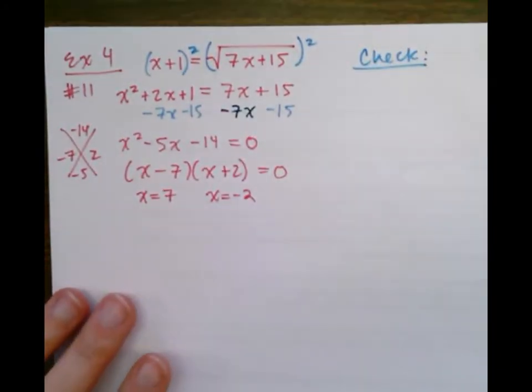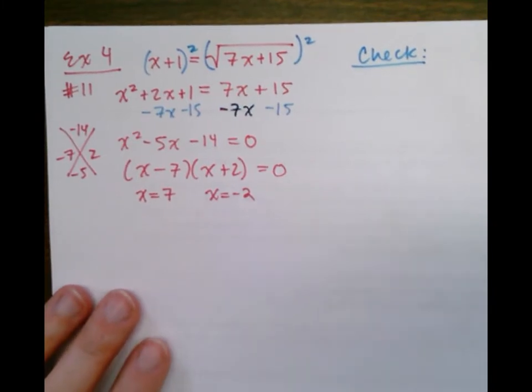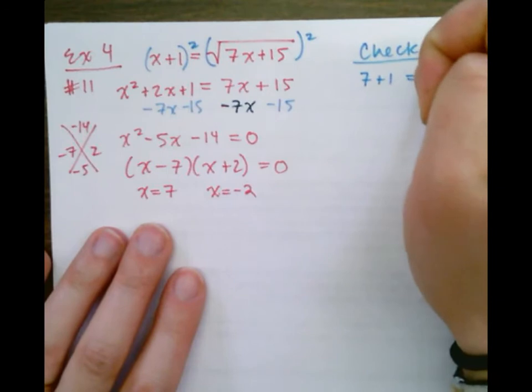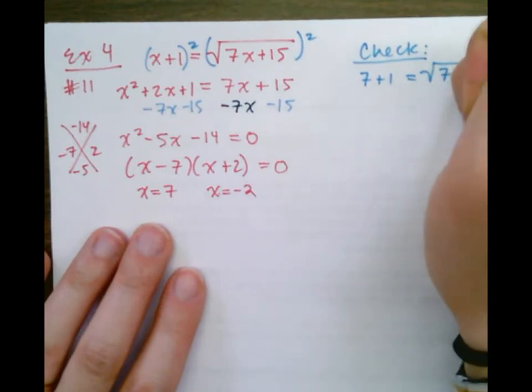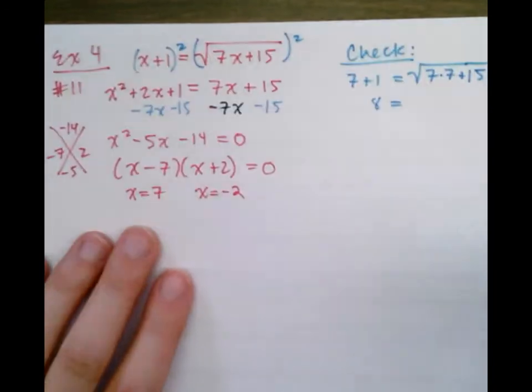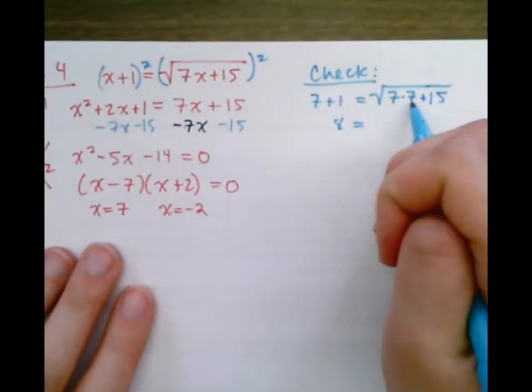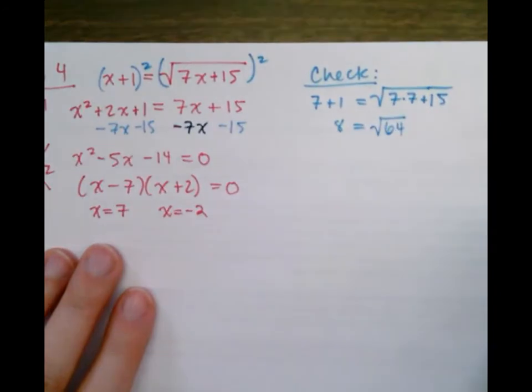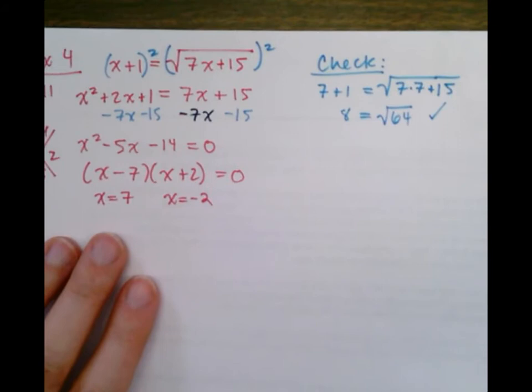So when I check, I get 7 + 1 is equal to the square root of 7 times 7 + 15. So is 8 equal to the square root of all that? Well, this is 49 + 15, which is 64. So it looks like that will check out because I know one of the square roots of 64 is 8.